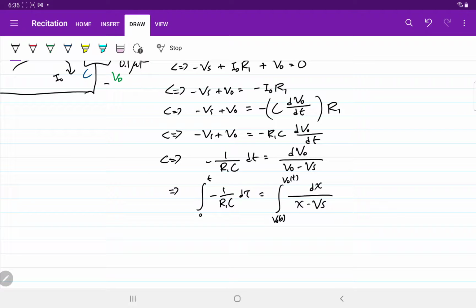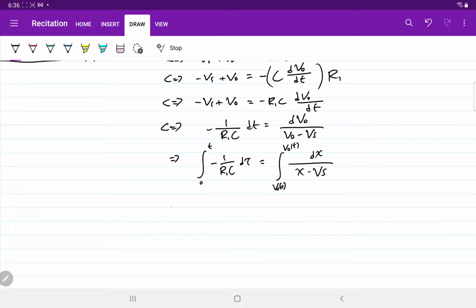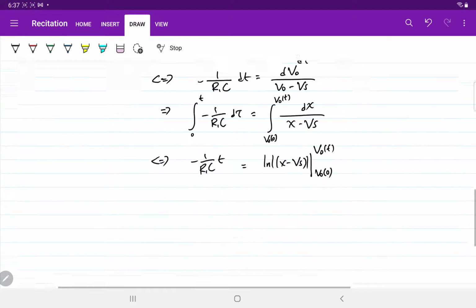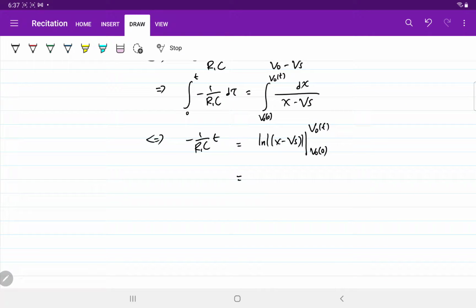So we can work on these integrals. We have minus 1 over R1C t equals the natural logarithm, I will just call it log, of the absolute value of x minus Vs, evaluated from V0(0) to V0(t).